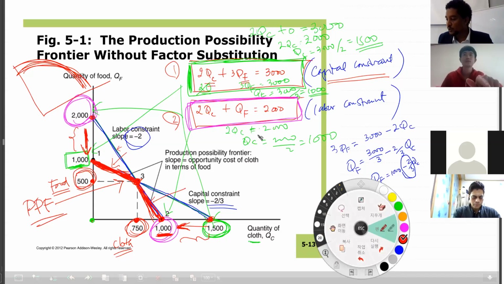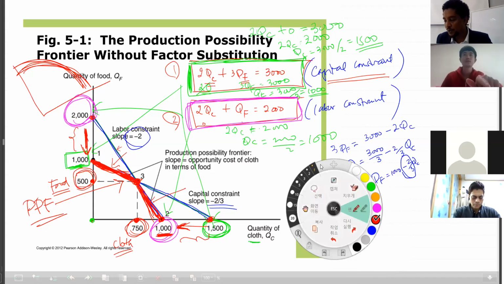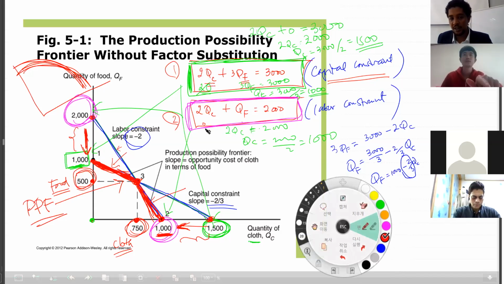Then second, you go to your labor constraint. You use 0 for this one, compute the quantity of F. And next, use 0 for the quantity of F and compute the quantity of C. Then you determine the two endpoints. Then you connect them, right? So after you connect these two lines, you identify the production possibility frontier, okay? Then from there, there is this point.